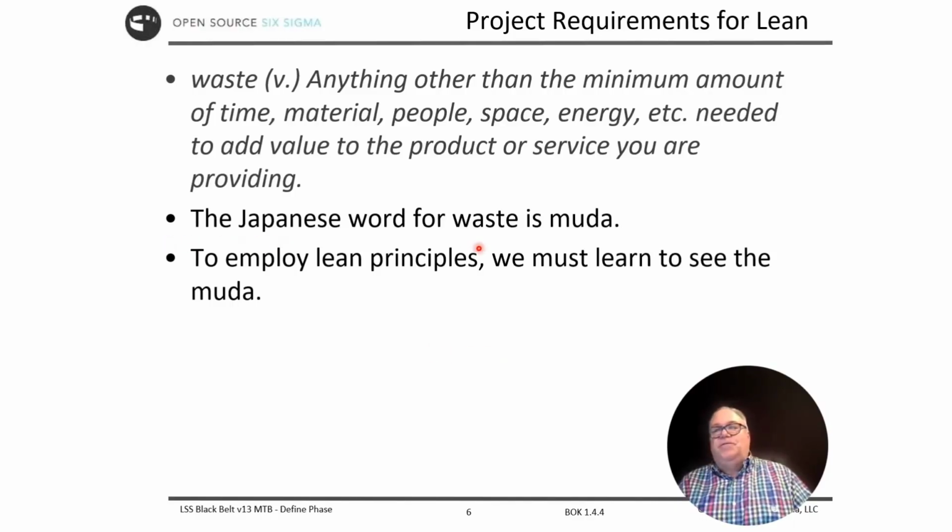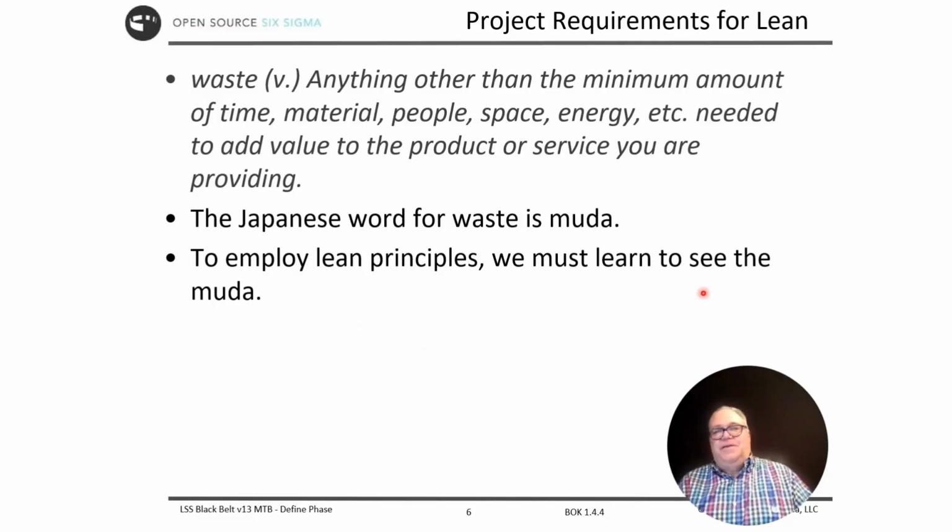The Japanese word for waste is muda, so sometimes you'll see the 7 elements of muda. Sometimes you'll see the Japanese words. We've got them on one of the slides coming up. But the idea is that waste is the enemy, just like variation is the enemy, and we are going to be relentless and go after it.